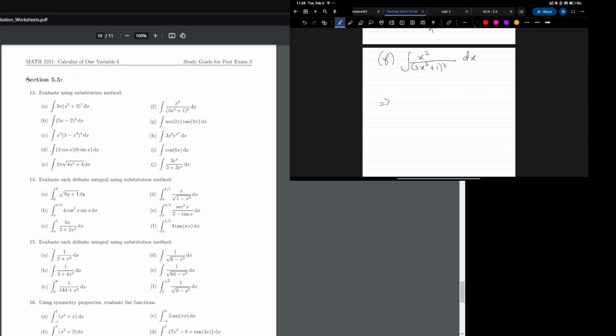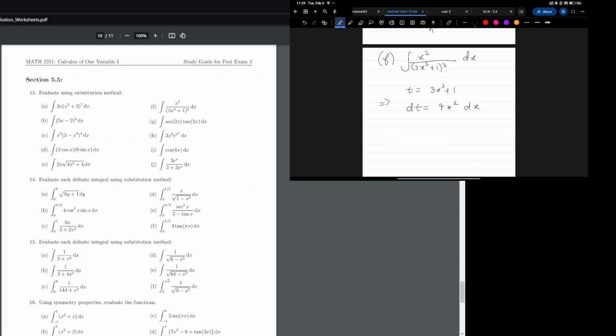So let's do that. Let's take t equals 3x cubed plus 1. Wait, not the power of 3, just that. Yeah. If we differentiate that, we get dt equals 9, which is 3 times 3, 9, x squared dx.